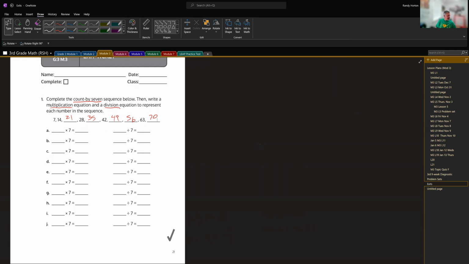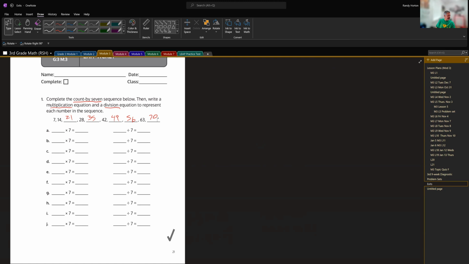Now, A through J, you have multiplication equations, and then you have divisions that go with them. So for A, we have blank times 7 equals blank. We're going to, let's see, that's 1, 2, 3, 4, 5, 6, 7, 8, 9, 10. So there's going to be 1 for each of the numbers in our sequence here. So the first one is going to be 7.